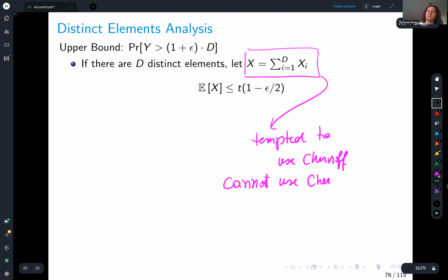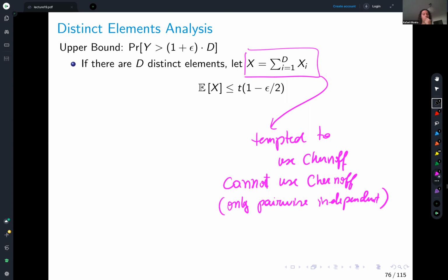And why is that? They're only pairwise independent, not fully independent. So we cannot use Chernoff.